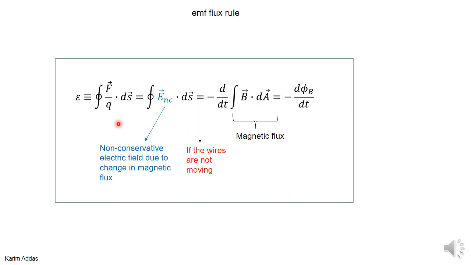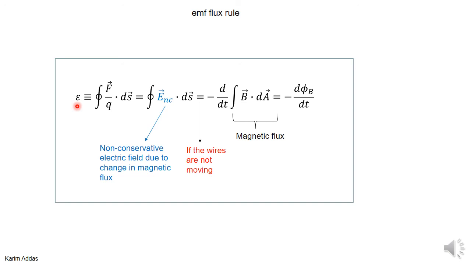So we can then write, remember we have this equation that the integration of E non-conservative dot ds is minus d phi by dt. Well, now we know that the EMF is also equal to this for when the wires are fixed. So we have just an extension of what we had before. We can just say that what we had before, the integration of the non-conservative electric field dot ds, due to the change in magnetic flux, is just equal to the EMF around the closed loop.